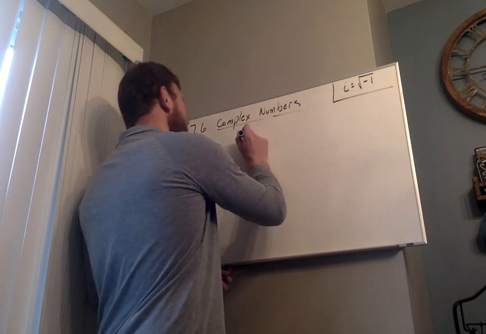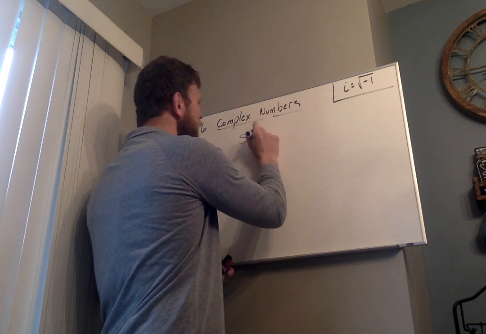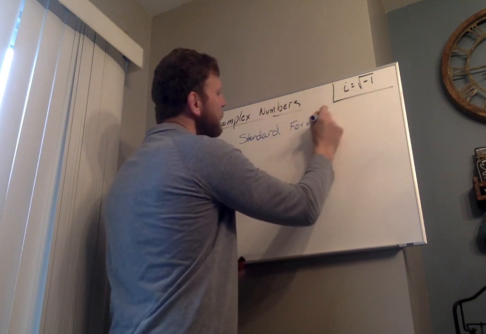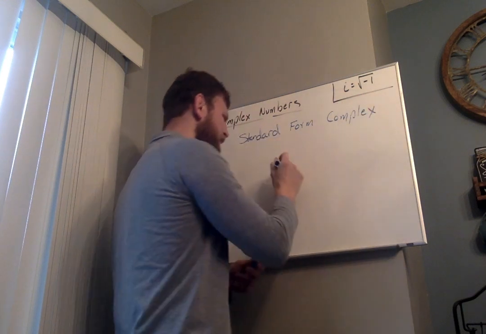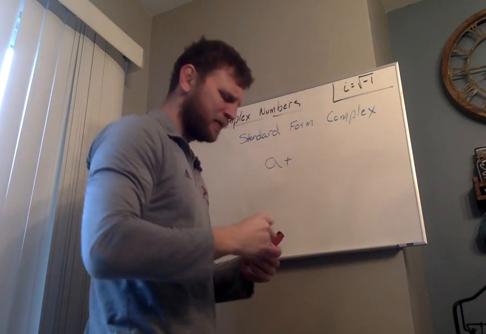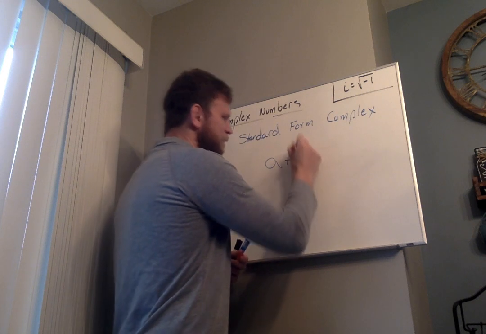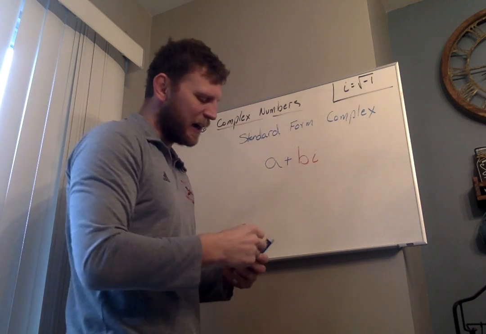So, the typical format, or the standard form, for complex is going to look like this: A plus, and then this is the imaginary part, Bi. Notice this part has the i.